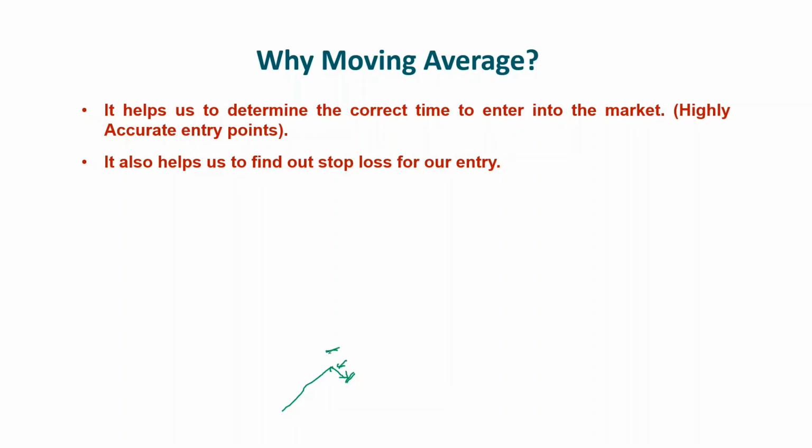Even if it gave me a highly accurate entry point, that you should enter here, with 80 to 90% accuracy that it will go in your favor, even if it doesn't go in my favor, the moving average will help me to understand a stop loss as well. So even if it hits the stop loss, I'll be limiting my loss, right?